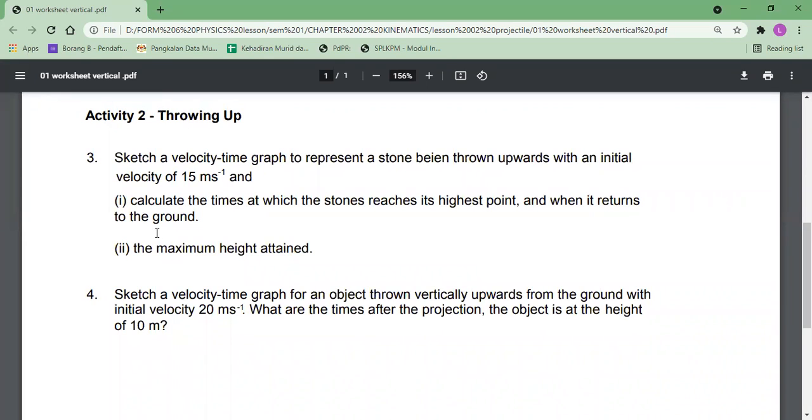First, calculate the time at which the stone reaches the highest point and when it returns to the ground. And second, the maximum height attained. Ladies and gentlemen, this type of question will be the basic, the most basic for projectile motion. Question number 3. Okay, let's solve question number 3 now.